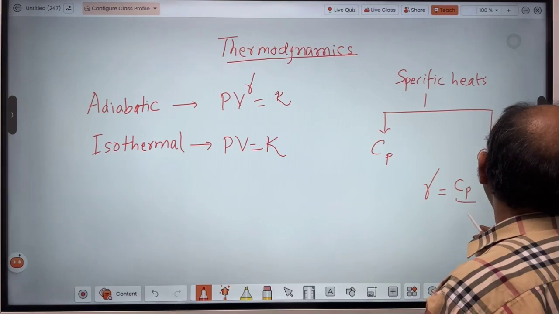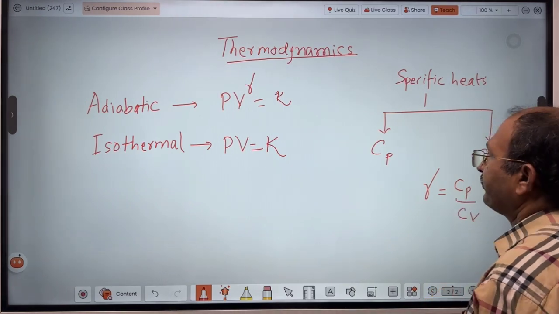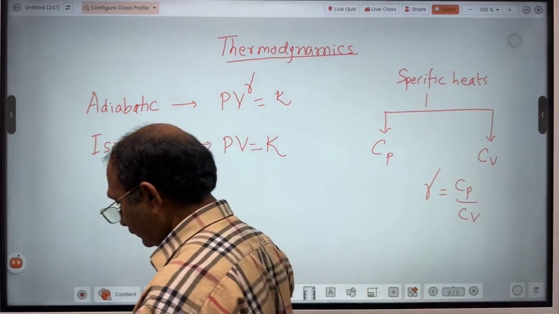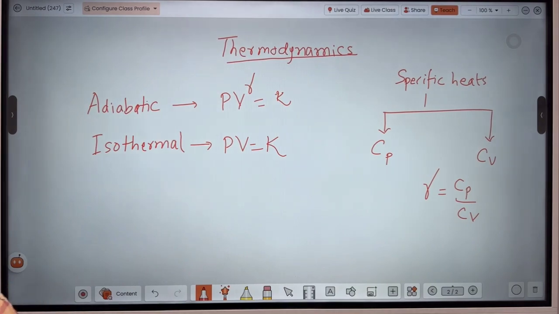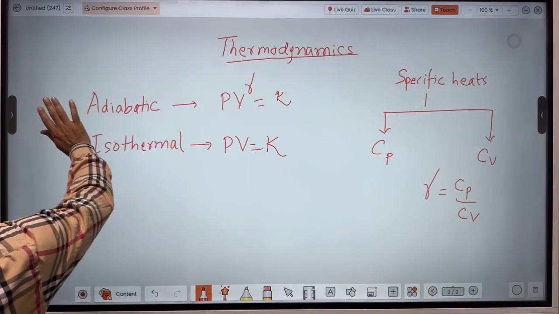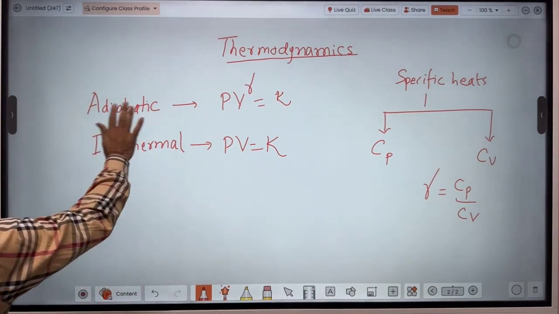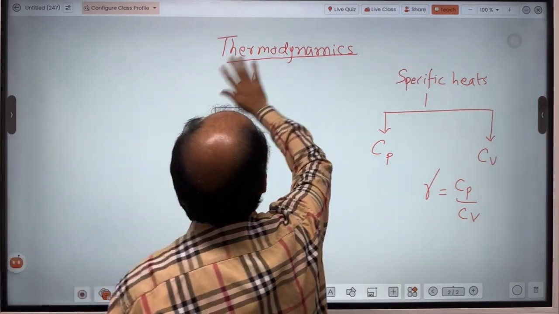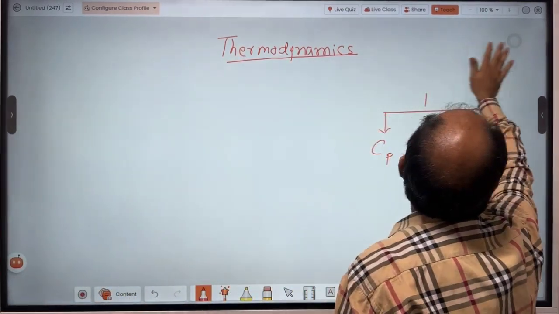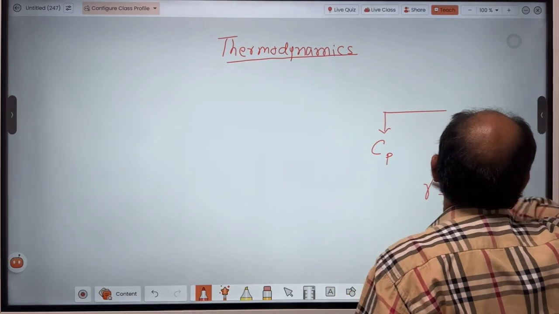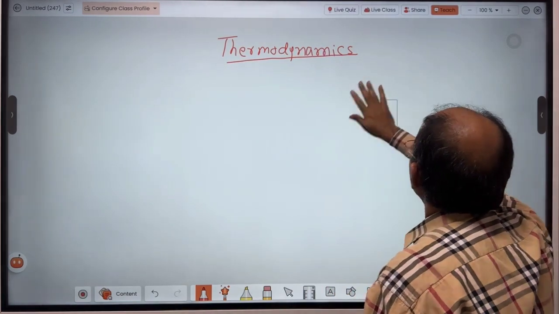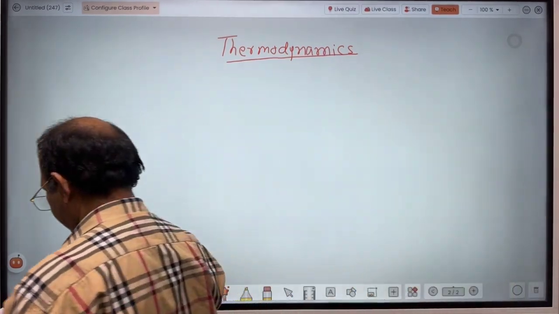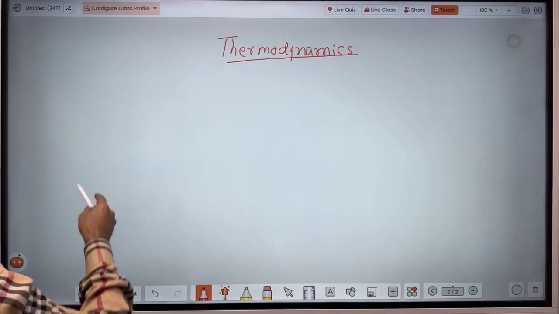So gamma equal to Cp upon Cv. Now we have understood what is thermal equilibrium and the zeroth law of thermodynamics. Now we are going to see another concept, that is first law of thermodynamics.